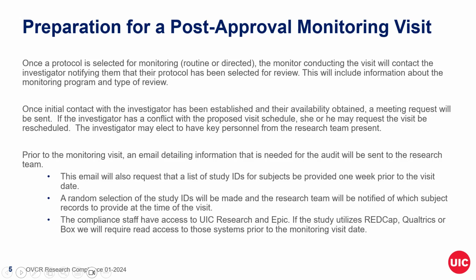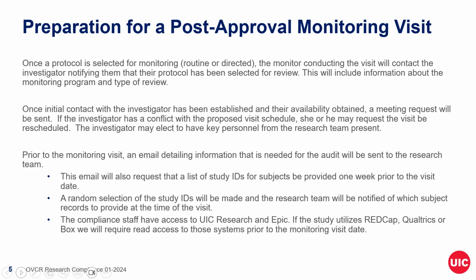So prior to the monitoring visit, like I mentioned earlier, an email detailing the information that is needed will be sent to the research team. This will include a list of study IDs. We do a random selection of study IDs, typically around 10 subjects, or if there's more, we'll pull from more.